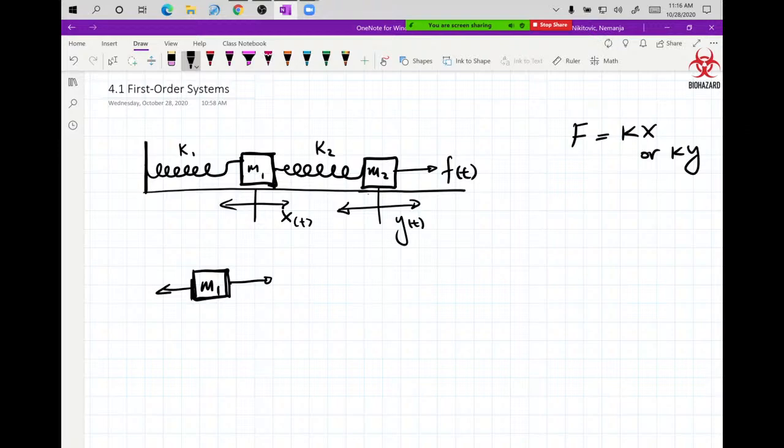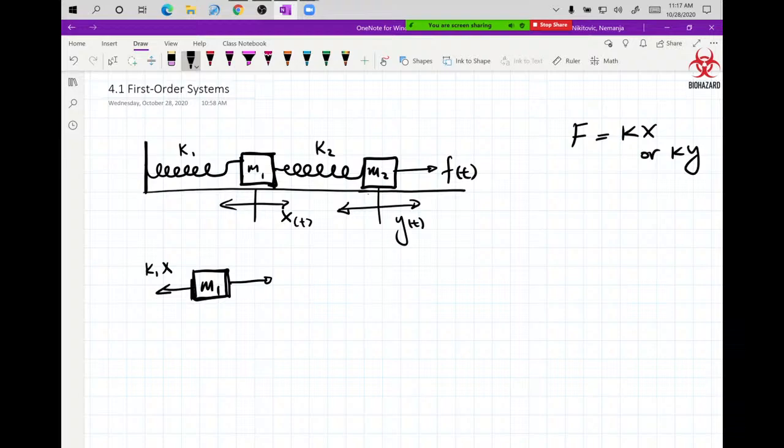So we have a k1x force to the left, because the only force applied on the left is the k1 force times x. So it's the force that is due to the spring, and that one will be pulling or pushing depending on where the object is.